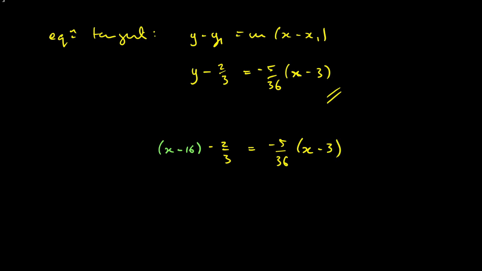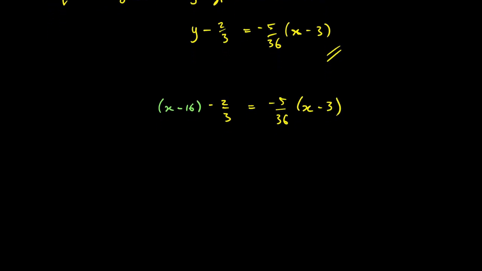Now guys, at this point, best thing to do is get rid of the fractions. So we're going to multiply everything by 36. So I'm going to write here 36 bracket x minus 16 minus, if I multiply by 36, we get 2 times 36 over 3. I'll write it like that for the moment. And then this is minus 5 times x minus 3.